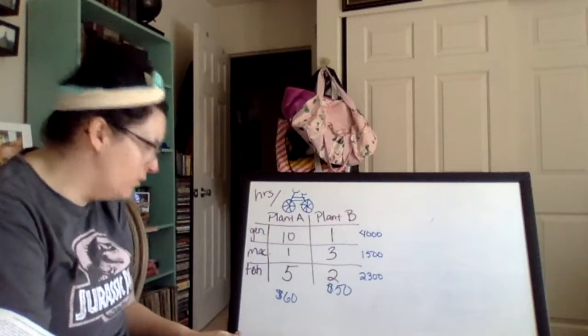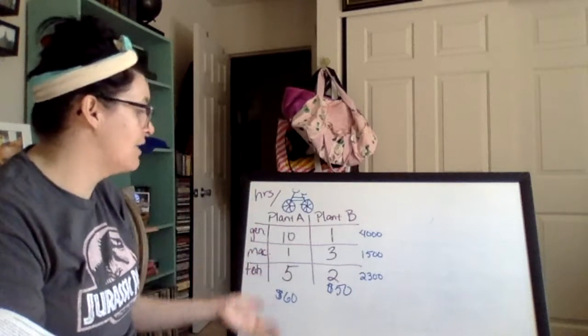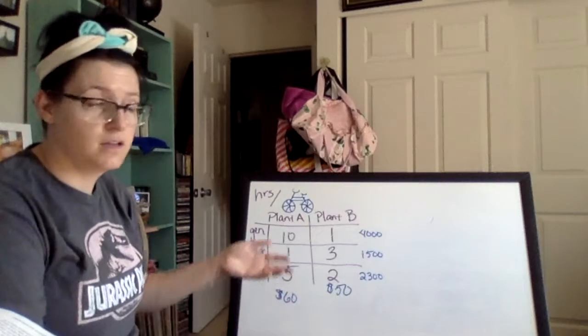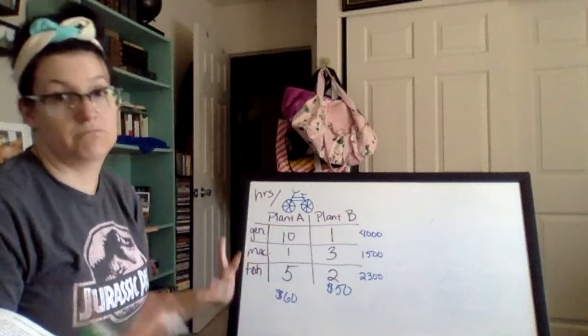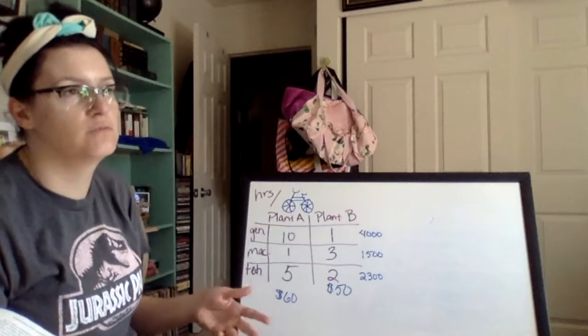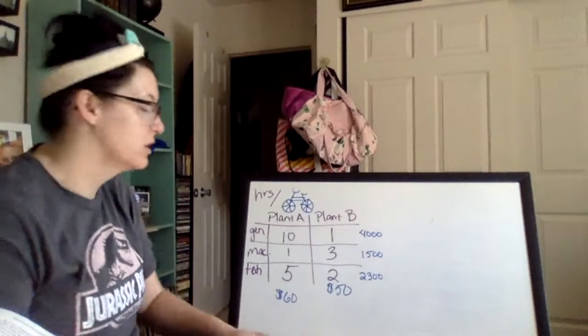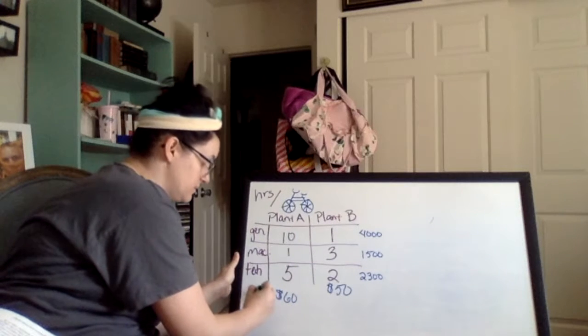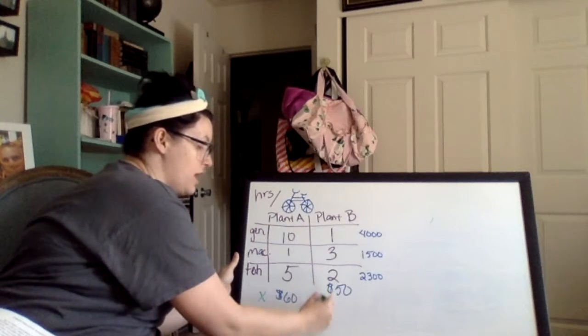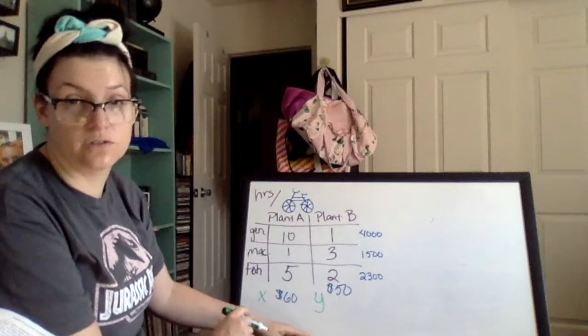So we know that however many bicycles we make, it has to be greater than 0, or it could be 0, but 0 or greater. So let's call X plant A bicycles and Y plant B bicycles.